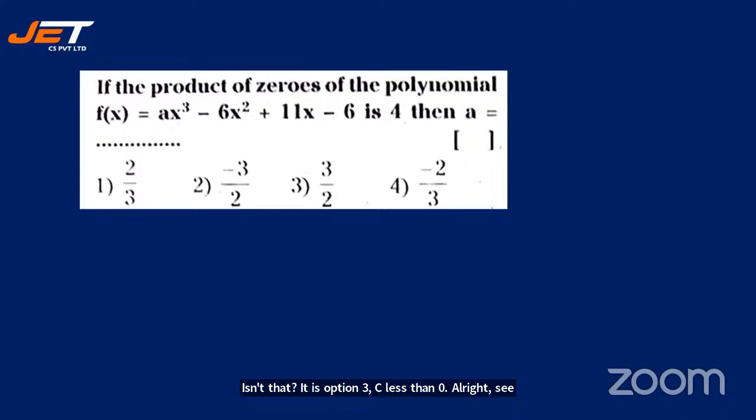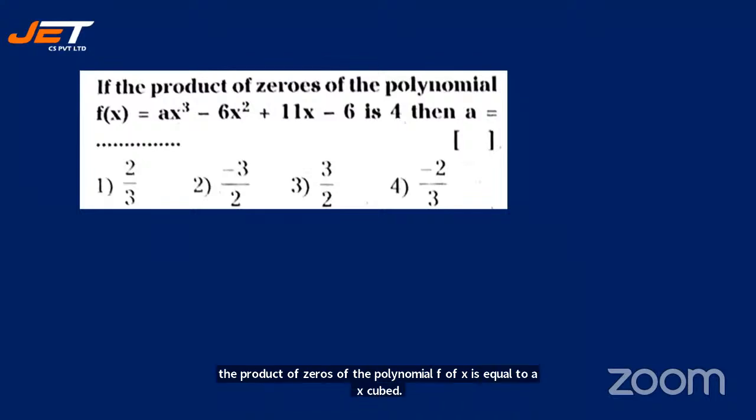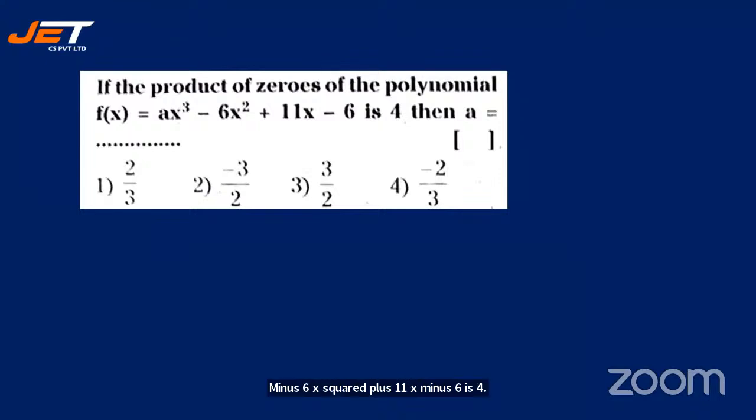If the product of zeros of the polynomial f of x equal to ax cube minus 6x square plus 11x minus 6 is 4, then what is a? Is it clear? So what is a? The product of zeros of the polynomial ax cube minus 6x square plus 11x minus 6 is 4. Then what is a?